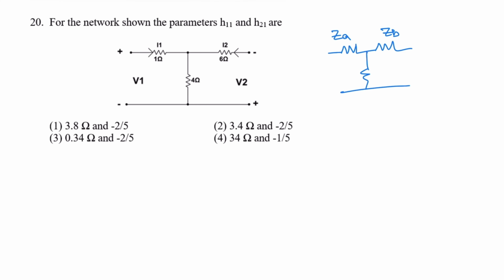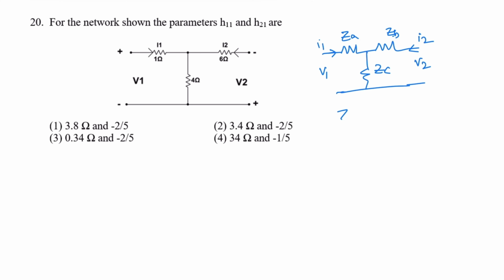Resistance RA, RB, or you can write it as ZA only, ZA, ZB, ZC. So this is port 1 and this is port 2. Entering current I1, input voltage V1, entering current I2 and voltage V2.